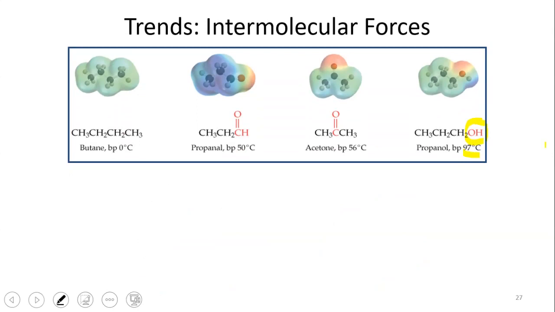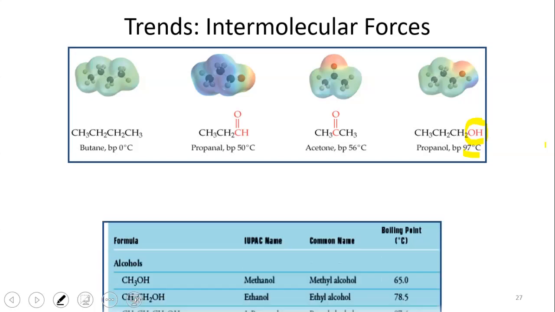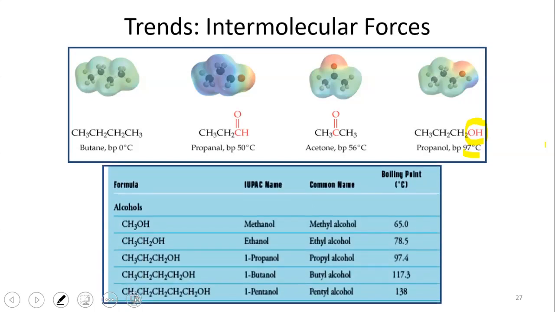Now, let's do an interesting comparison here. Let's compare with other compounds similar to itself. These compounds that have that OH, that oxygen, hydrogen group of atoms, we call them alcohols. Notice that this is not the hydroxide ion.